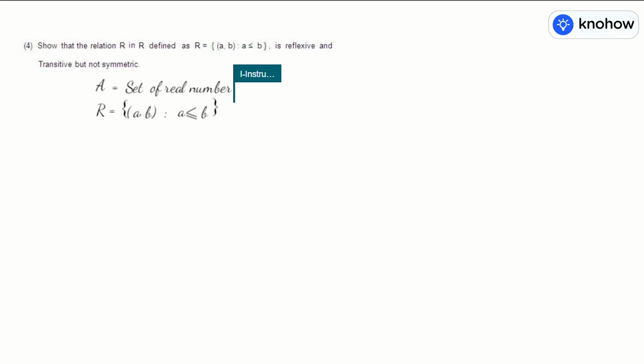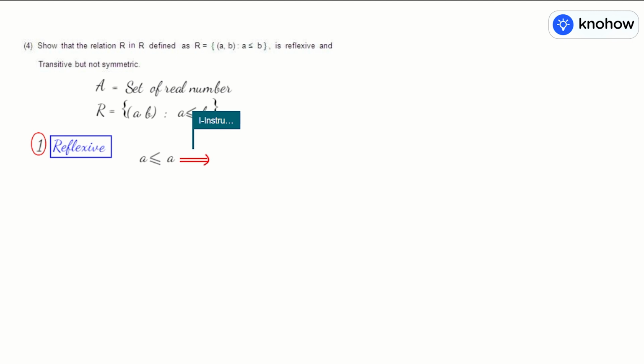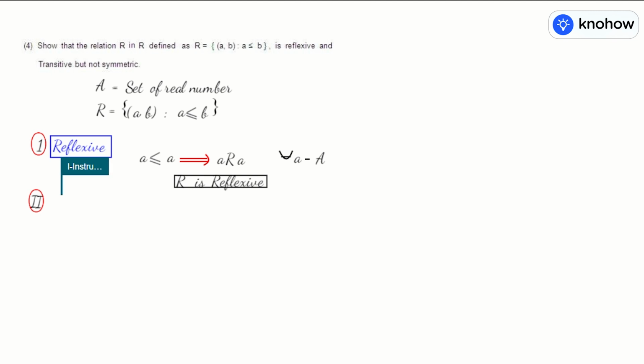Let's see first of all reflexive. If I take any real number A, obviously A is less than or equal to A, meaning at least A equals A. So we can conclude that A is related to A, or the given relation R is reflexive. Now number 2, to check symmetric.